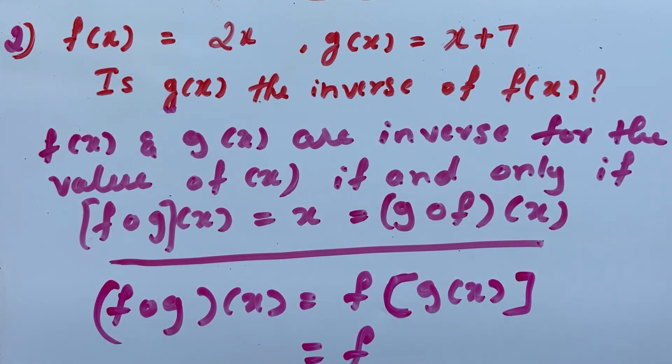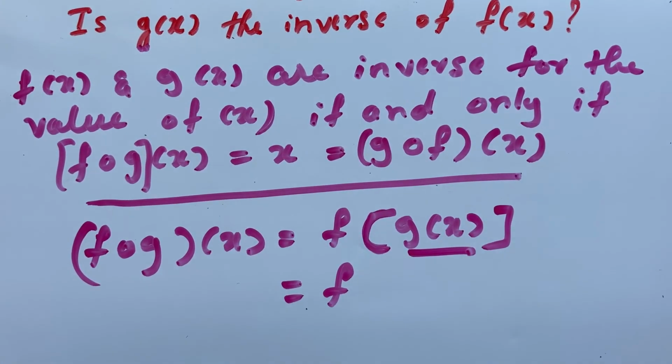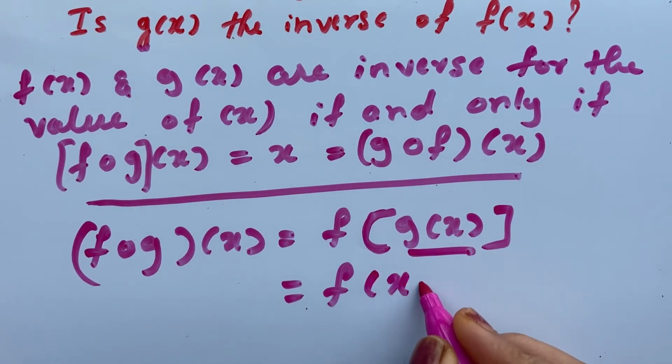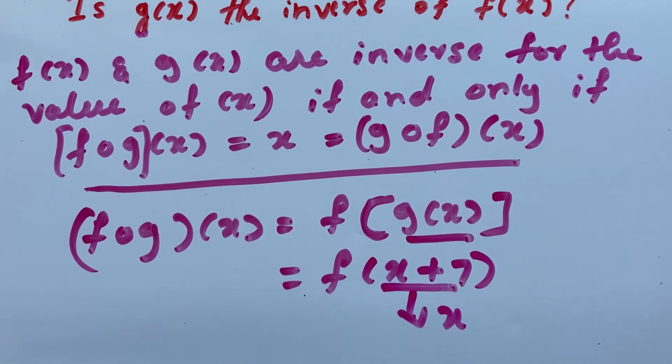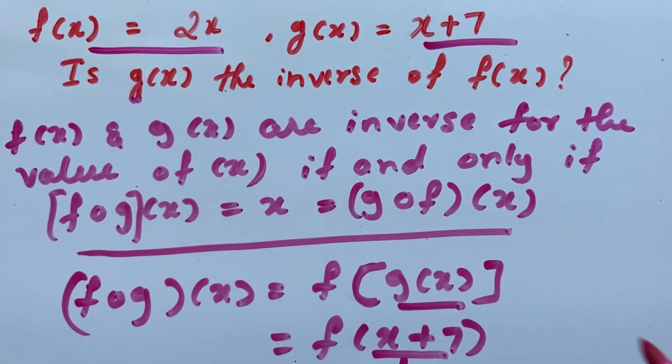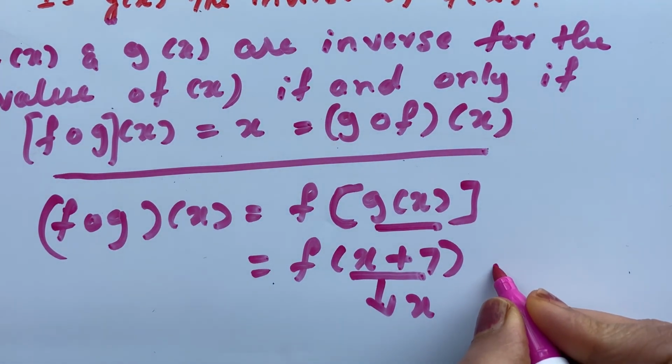You have to replace the value of g of x. What is g of x? G of x is given as x plus 7. So f of x plus 7. Here x plus 7 is taken as x, and f of x is 2x.